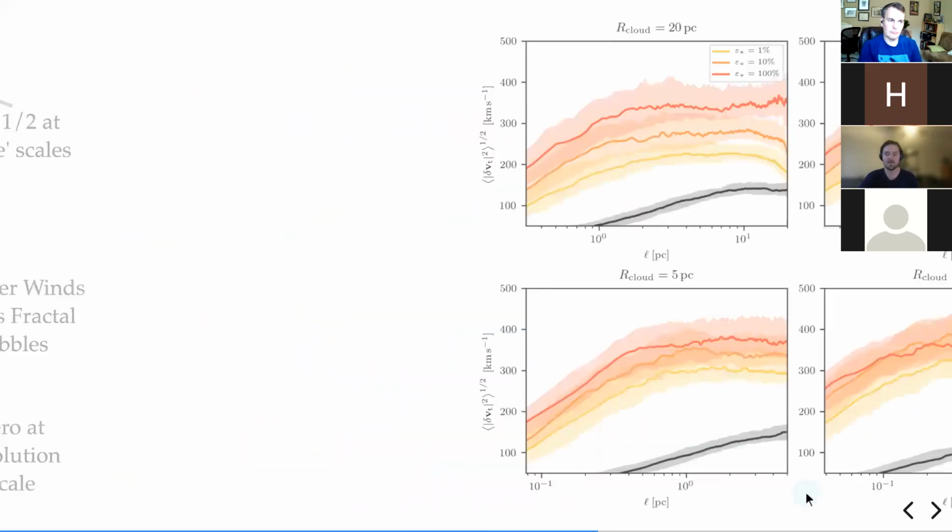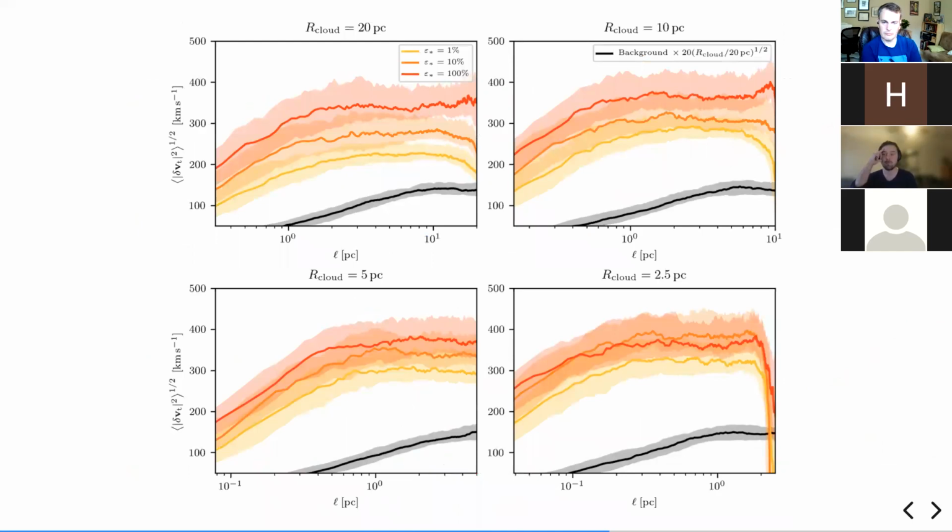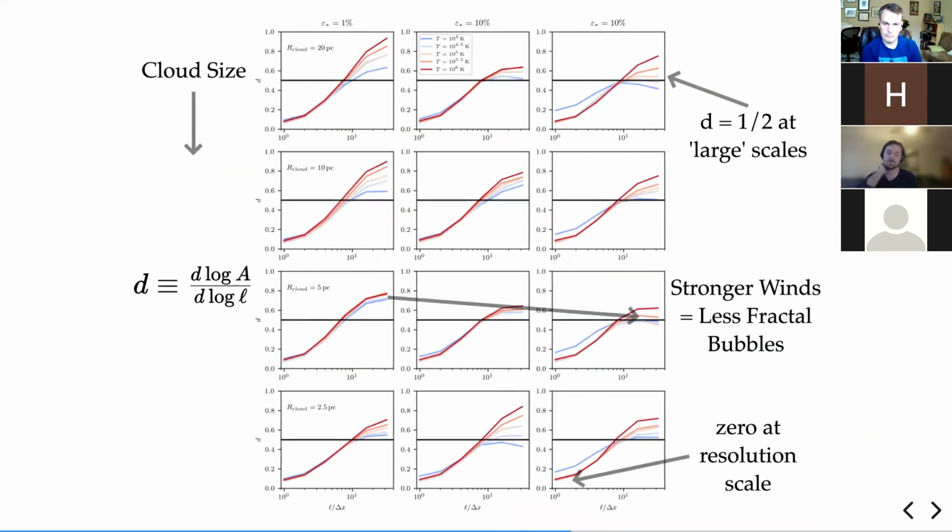So I said we can measure the... Yep. Can I ask a question about this? Does the fractal dimension depend at all on the makeup of the gas, like the dust content or the metallicity overall?